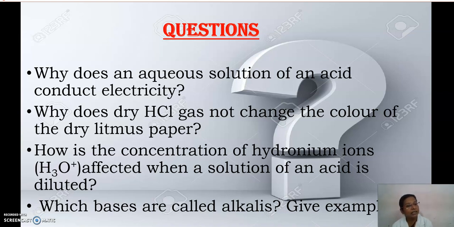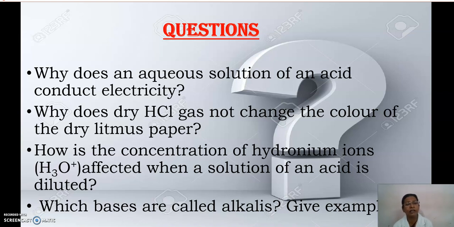And we studied that H plus ions are the reason for the flow of electricity. So an aqueous solution of acid, that means when acid is mixed with water, conducts electricity due to the presence of H plus ions.